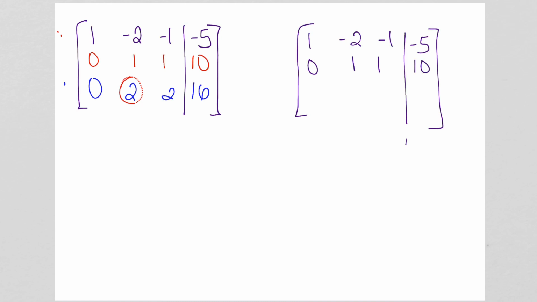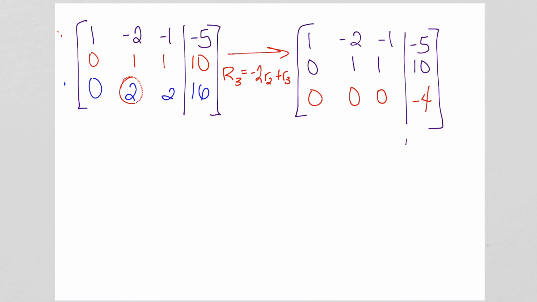And we're trying to get a 0 here. We'll still have a 0 there. So in row 3, if we want a 0 where the 2 is, then we will subtract 2. So negative 2 times row 2 plus row 3. So that gives us 0, 0, 0, and then negative 4.